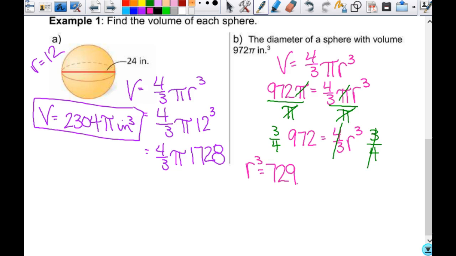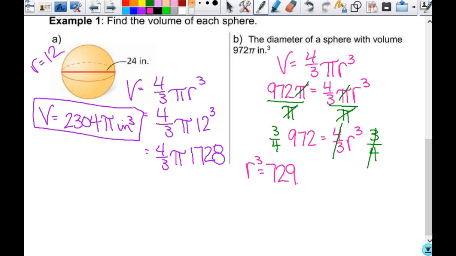Now, I don't really want r cubed, right? I want r. And so I've got to undo that. I want you to listen carefully to my words and just follow the pattern with the words. If you have r squared and you want r, what do you do? Square root. So if I have r squared and I want r, then I take the square root.